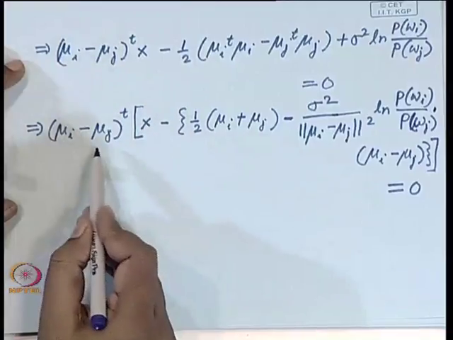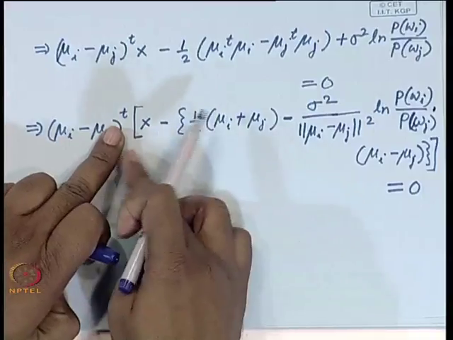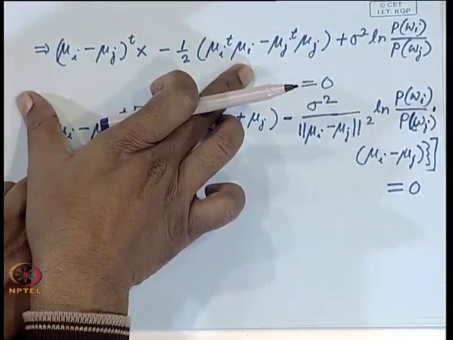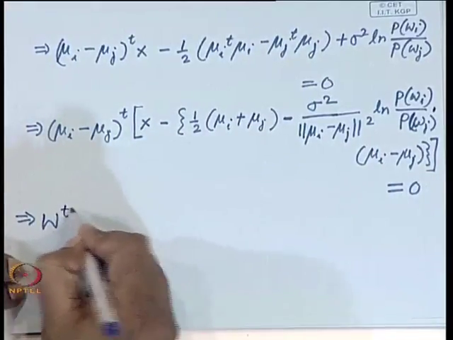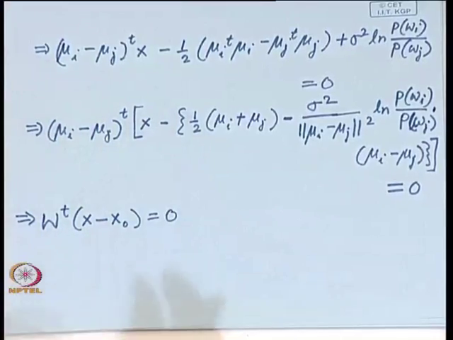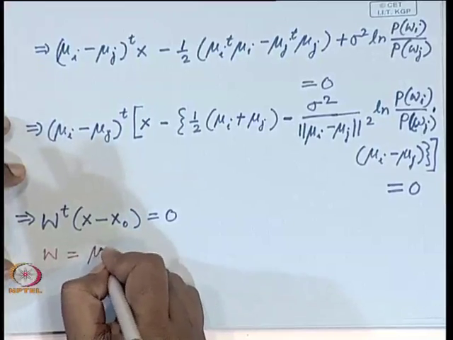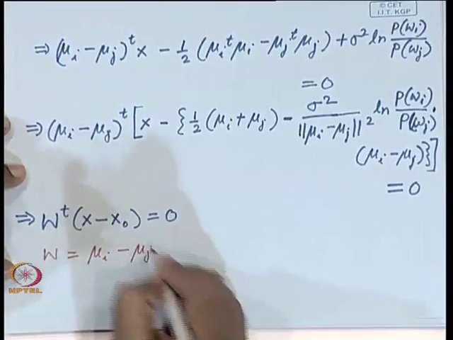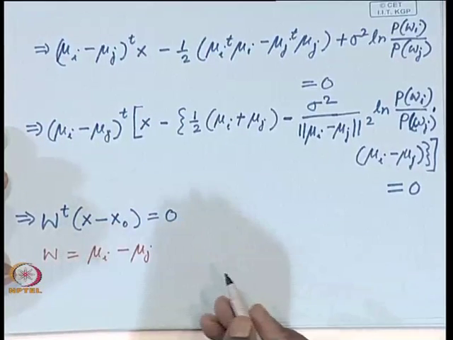I can convert this expression into this form, where you find that (mu_i minus mu_j) transpose has been taken out of all the terms. So, when I write it in this form, it is simply of the form W transpose (x minus x_0) equal to 0, where W is nothing but mu_i minus mu_j, where mu_i is the mean vector of the ith class and mu_j is the mean vector of the jth class.